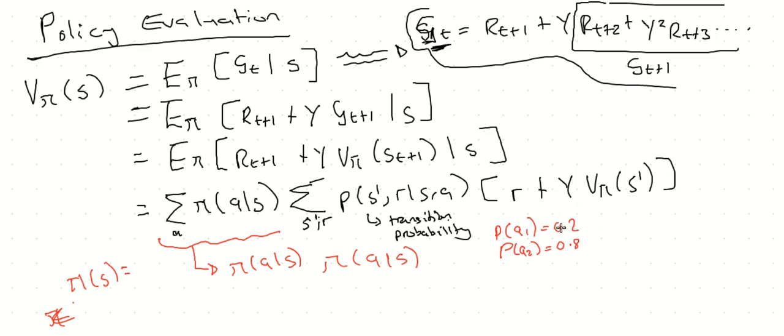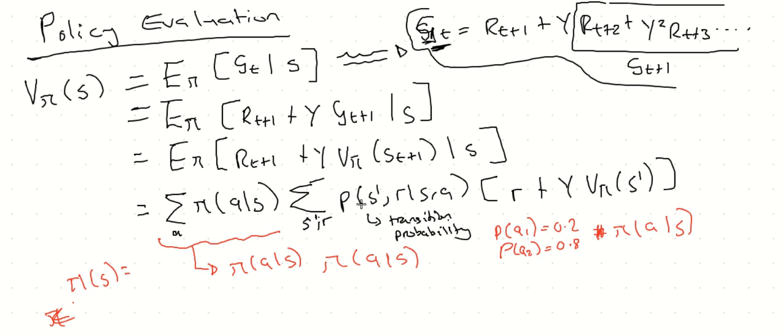So this is the probability of A1 given S and the probability of A2 given S. This is essentially saying that pi of a given S is the probability of taking an action in a given state. That means the action that we take in a given state is not always certain. We might take different actions with different probabilities.